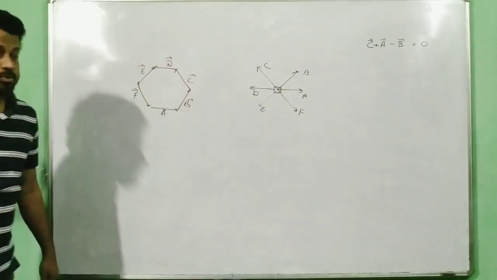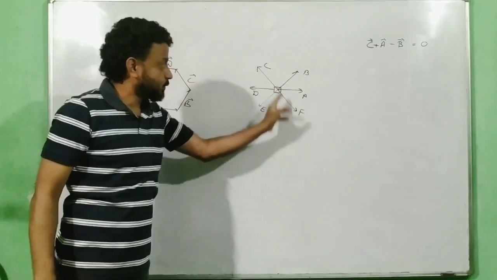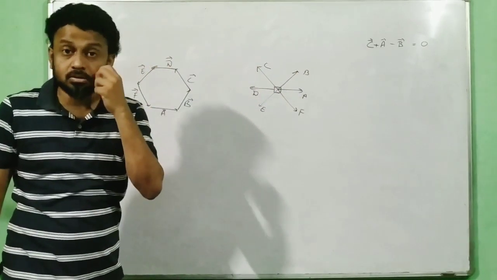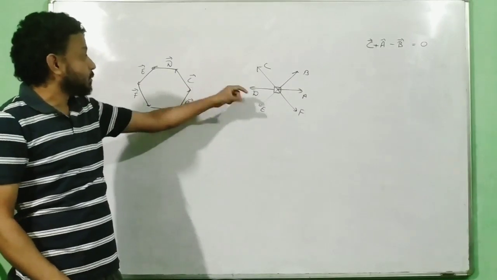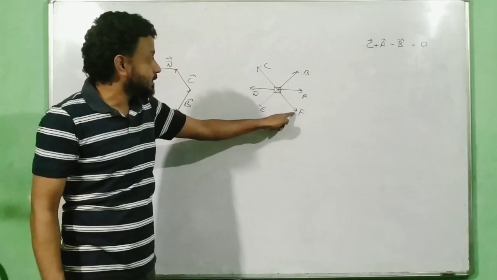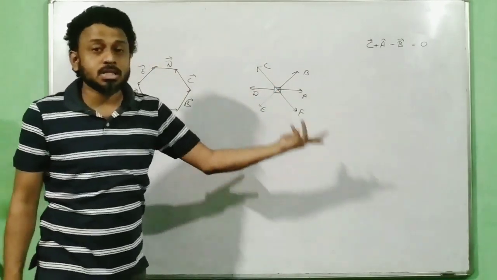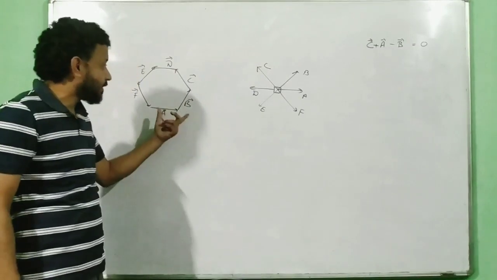Where will the body move? If I apply A, B, C, D, E, F forces in this way, where will the body move? The body will go zero displacement, because if all of them are of the same magnitude, B cancels E, C cancels F, A cancels D. What is the net force? Net force is 0. Are we getting the same result in the vector diagram?